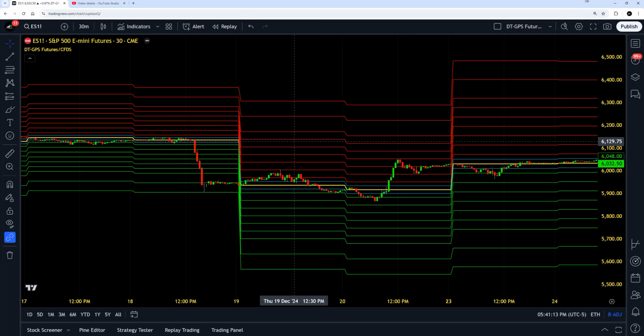Those would have been days where, every day it was trading R7 to R10 or S7 to S10, going down that.